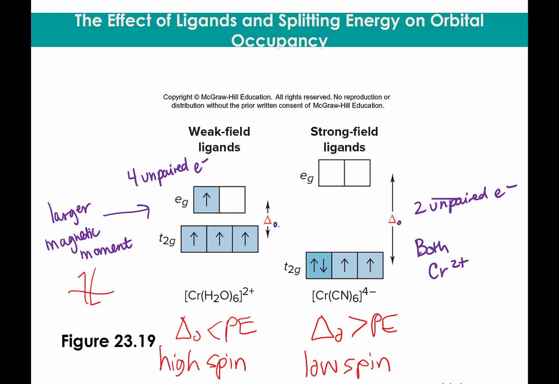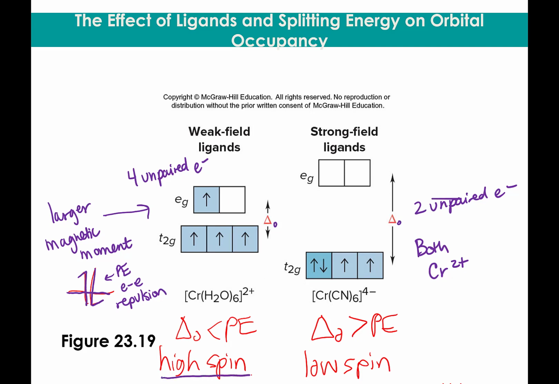When your delta octahedral is smaller than your pairing energy, so there's a certain amount of energy required for electrons to pair in an orbital, a pairing energy from electron-electron repulsion, your electrons will fill up this higher energy Eg orbital before they pair.